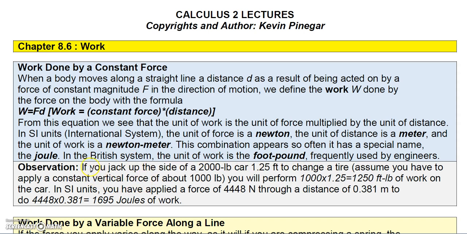A simple observation: if you jack up the side of a 2,000-pound car 1.25 feet to change a tire, and we assume you apply a constant vertical force of about 1,000 pounds, then you will perform 1,000 times 1.25, that is 1,000 pounds and 1.25 feet, which gives you 1,250 foot-pounds of work on the car.